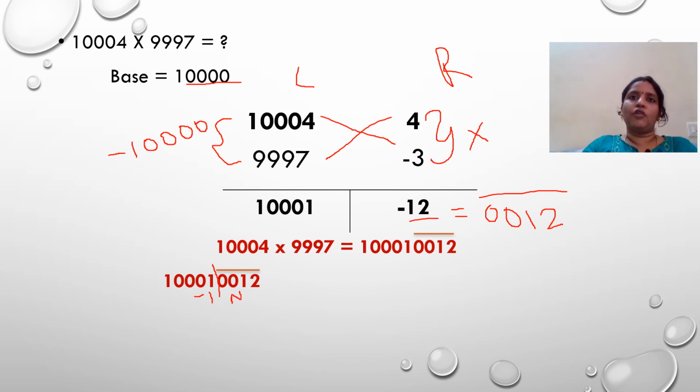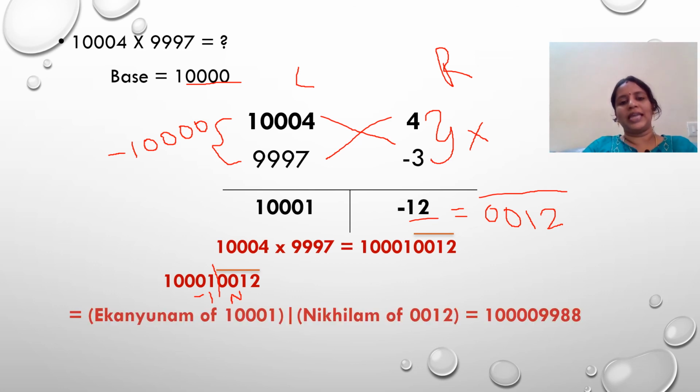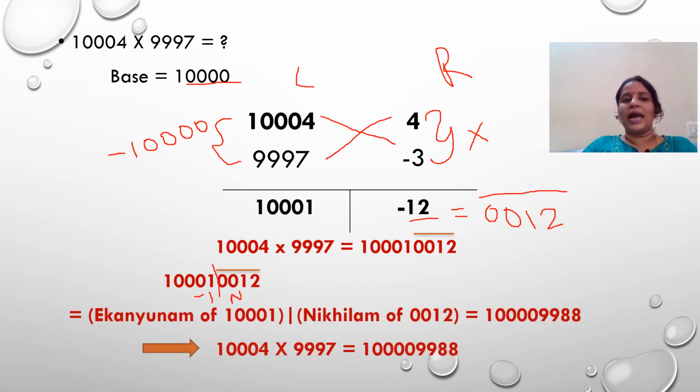The Ekanyunena of 10,001 is equal to 10,000, and the Nikhilam of 0012 is equal to 9988. So my answer 10,004 into 9,997 is equal to 100009988.